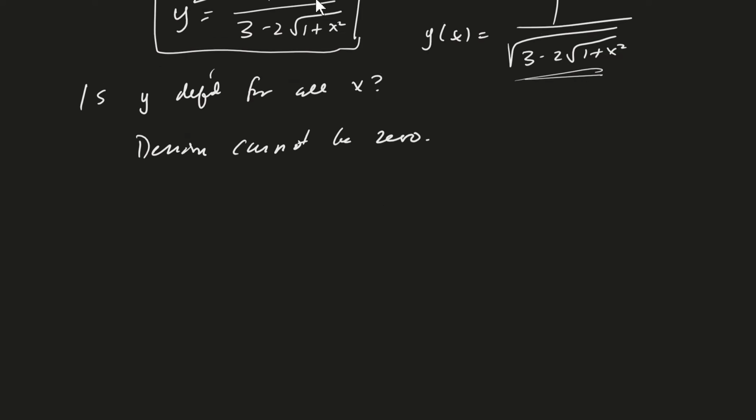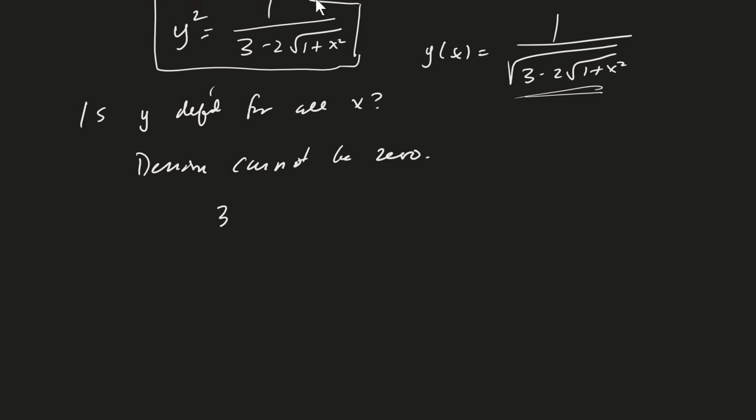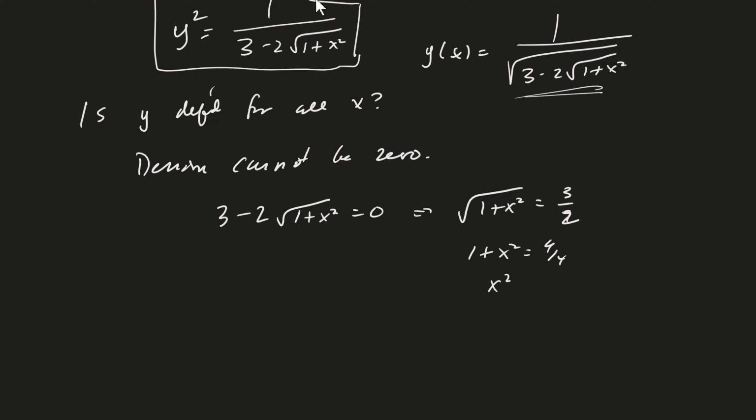And so let's go ahead and solve for where the denominator is 0. Let's see, the square root of 1 plus x squared looks like it's going to be 3/2. 1 plus x squared will be 9/4. X squared is equal to 9 minus 4, which is 5. x is equal to plus or minus the square root of 5 over 2.